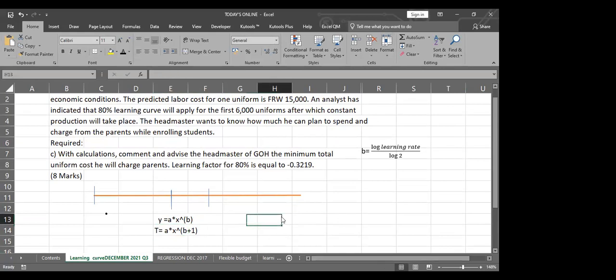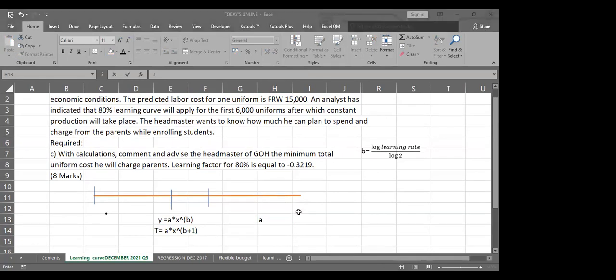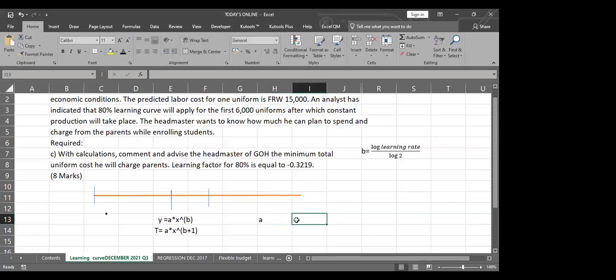So let's find our A. The A we said is what has been spent on the first unit, and they have said it is 15,000. That is A. What is our learning rate, our LR? We have already used it, so we don't need it, because they have given us the index already.